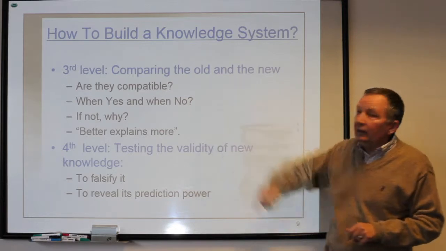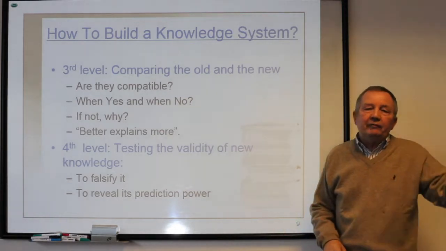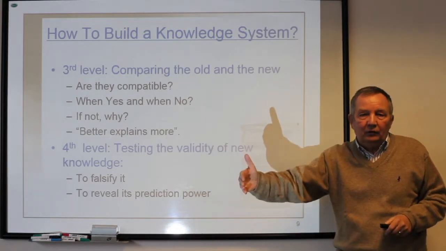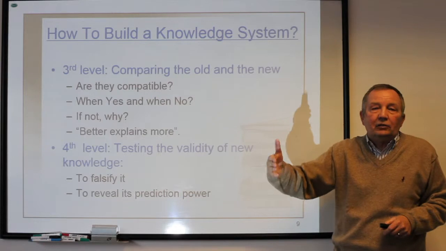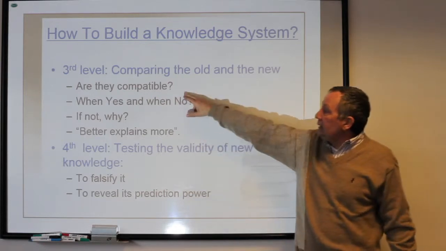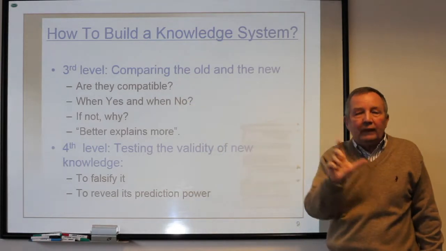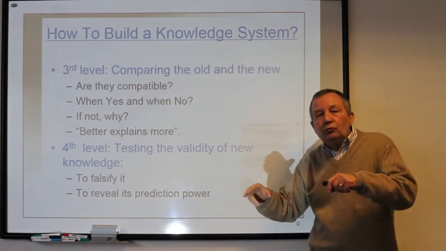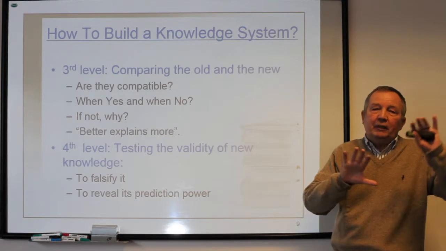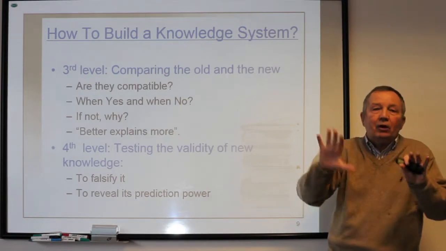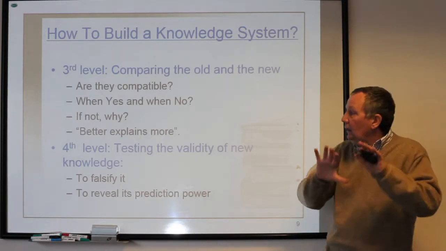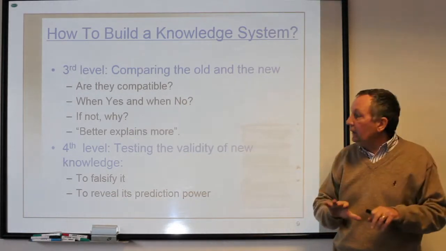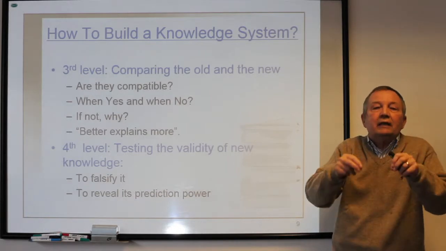And at the third level, we compare our previous knowledge with our new system of knowledge, this new axiomatic system, and ask, are those two systems, the old one and the new one, compatible? When yes, and when no, because some of those facts can be true for both, some not. So then we have to ask, if not, why they don't fit together, and which one is better.